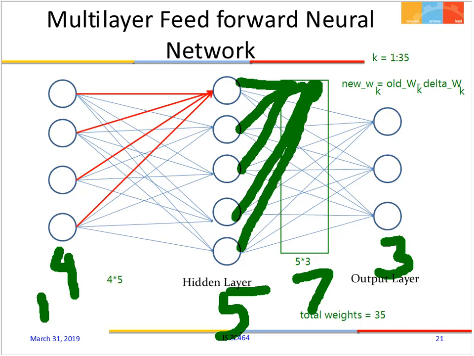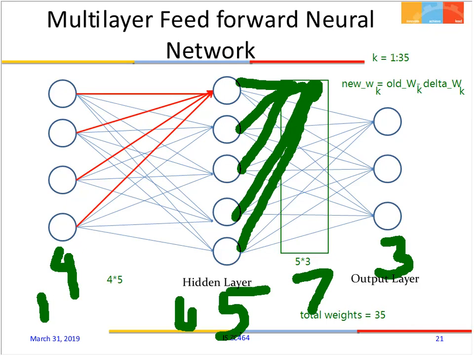So the 35 themselves are between layer 1 and layer 2. What about the input layer and layer 1? The very first layer with 5 neurons I am taking as layer 1. The second layer with 7 neurons I am taking as layer 2. So between the input layer and hidden layer 1, there will be 20 weights.